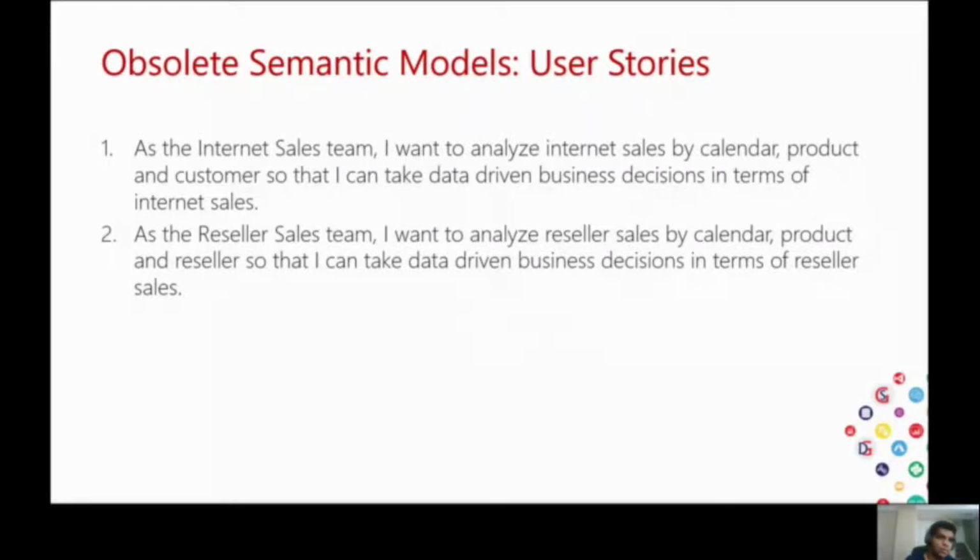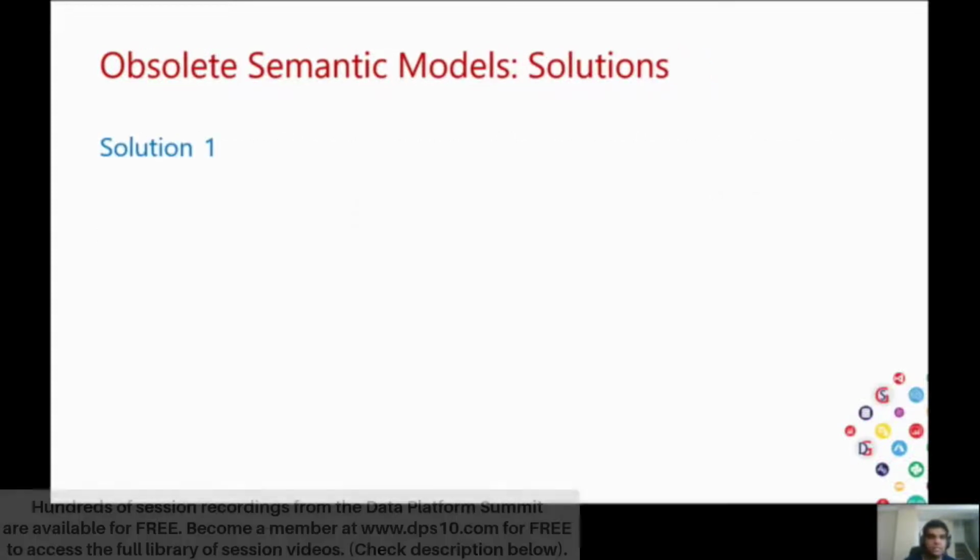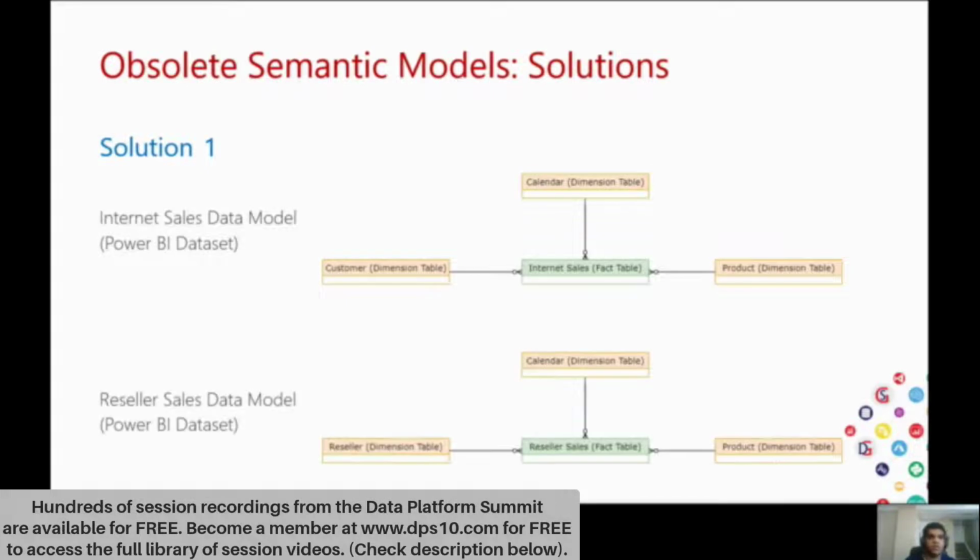If this requirement came up in the early years of Power BI, which is around 2015, 16, and 17, the requirement can be fulfilled and delivered in two different ways. One possible solution is what you see on the screen right now: you have two different semantic models, each catering to a specific end user.